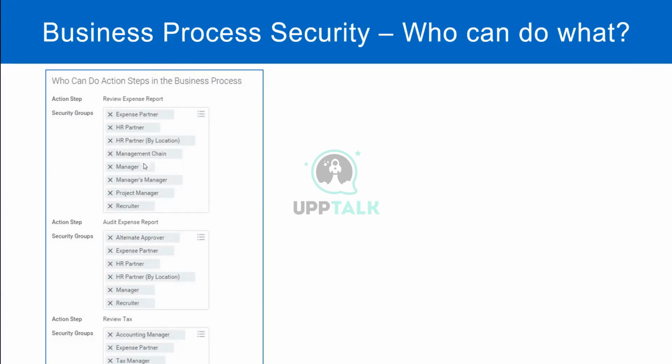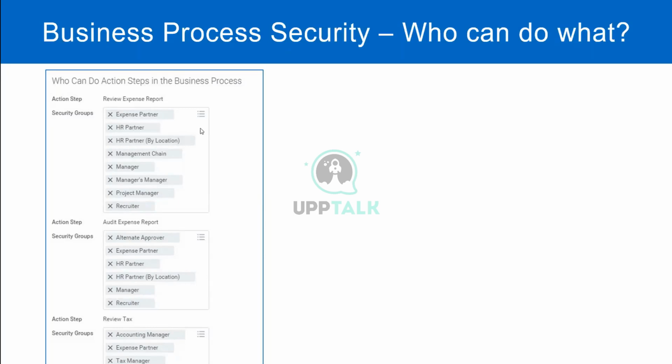Correct. Expense partner, HR partner, management chain manager, manager's manager, project manager, recruiter. So all of these people have the authority to be able to review an expense report.